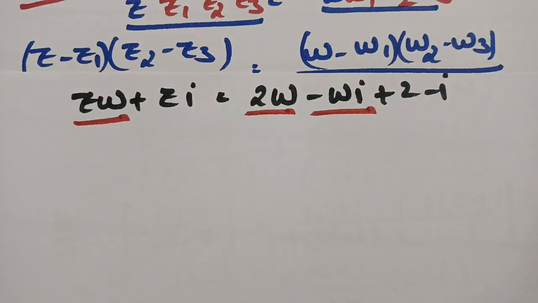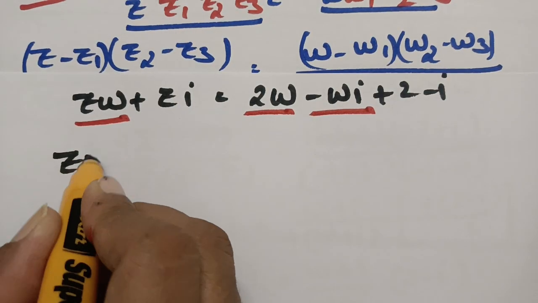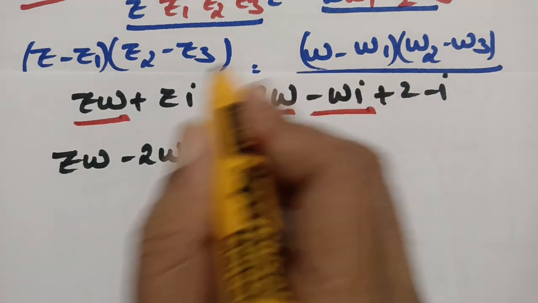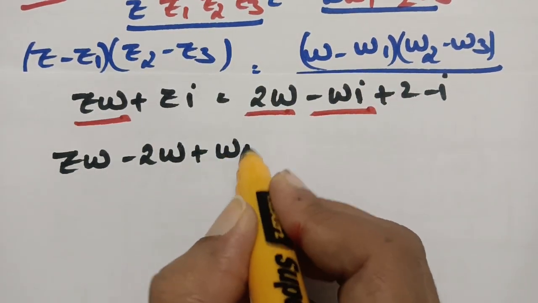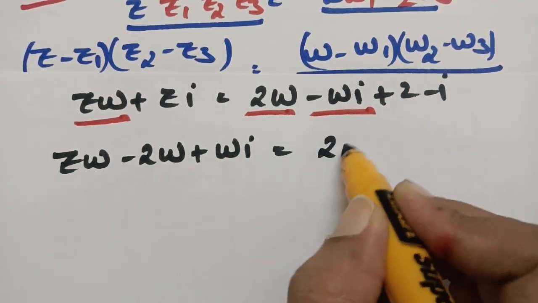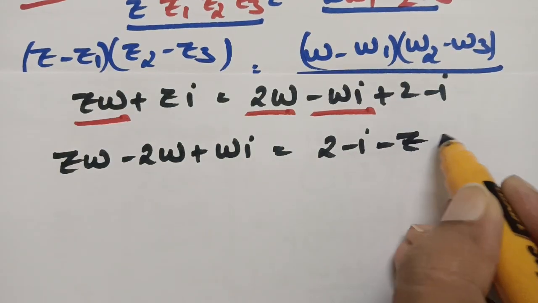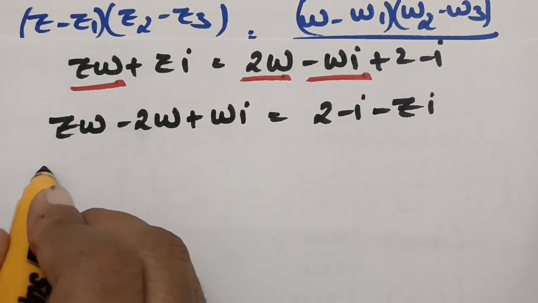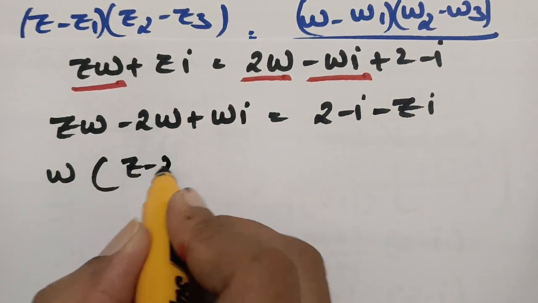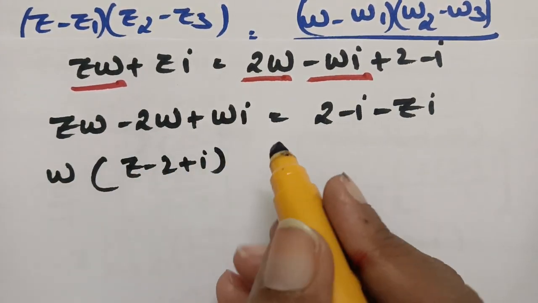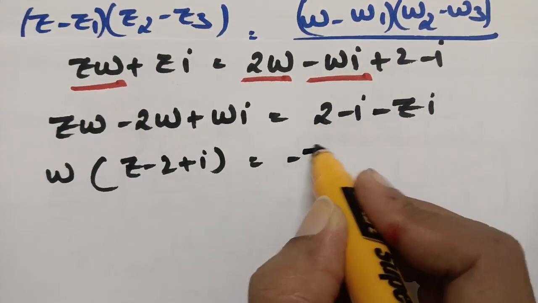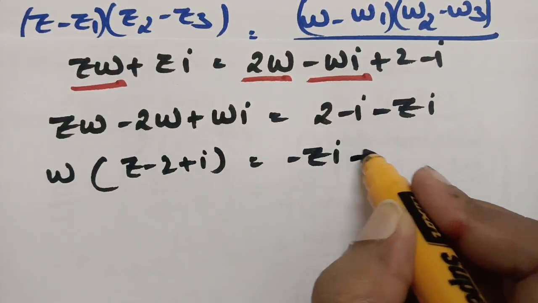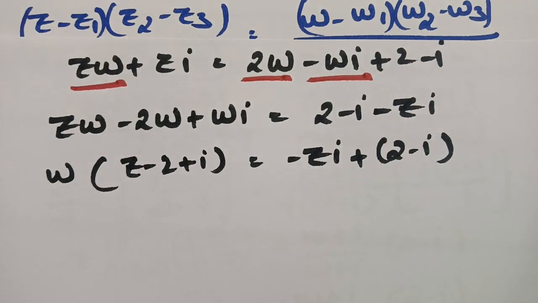So I'll bring all the w's to one side. So this is zw minus 2w. If I bring it to the other side, this will be wi. And here, this is 2 minus i minus zi. If I take w common, this will be z minus 2 plus i, and this is minus zi plus 2 minus i.